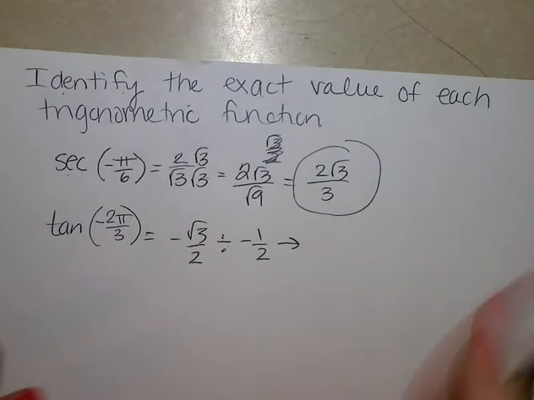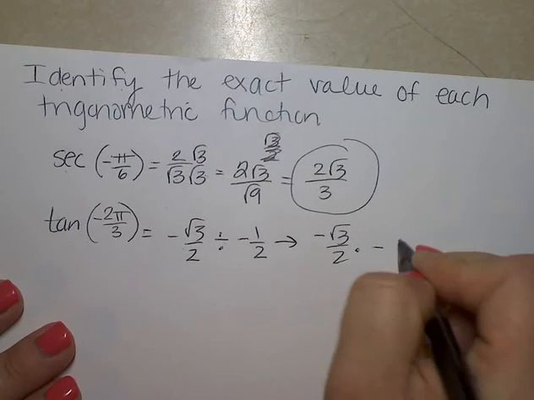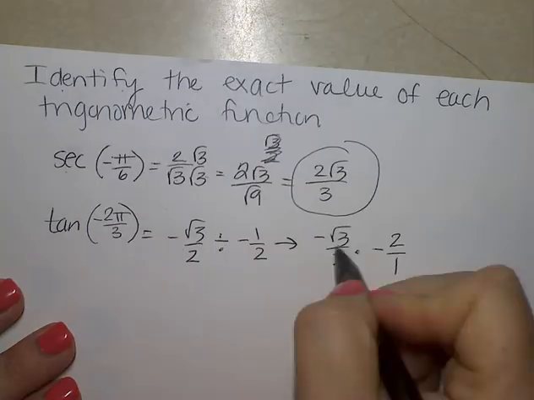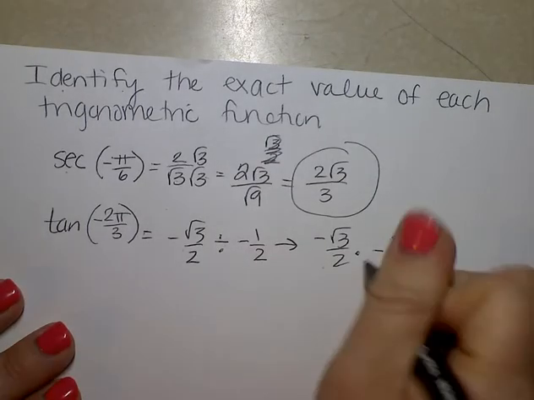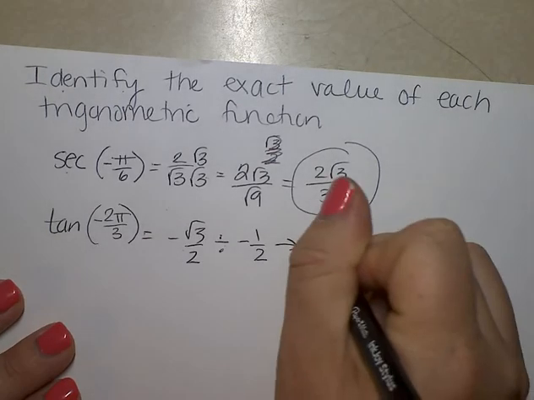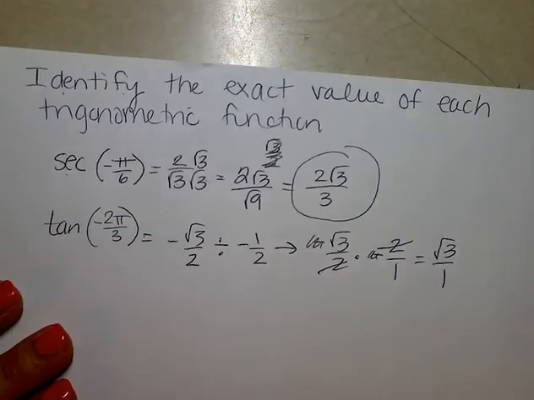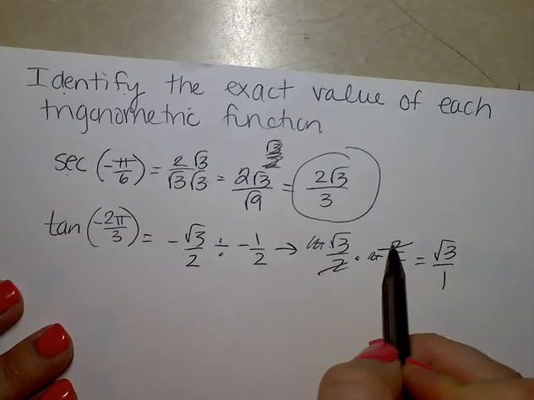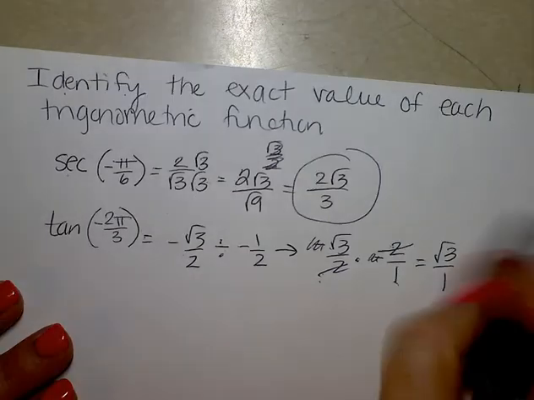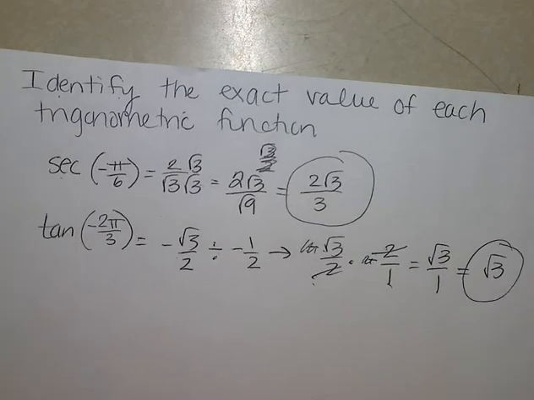When you divide them, division turns into multiplication and the second fraction flips. What happens to the 2 on bottom and the 2 on top? And what happens to the negative times a negative? They cancel because a negative times a negative is a positive. So I have positive radical 3 over 1, and if you leave it like this, that's okay. Or know that anything over 1 is just itself.